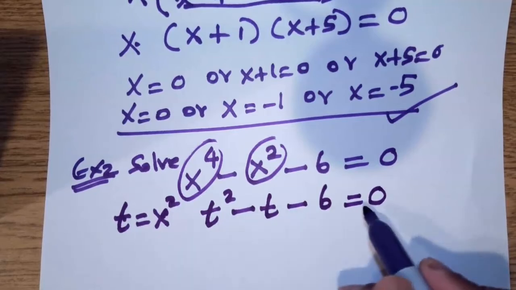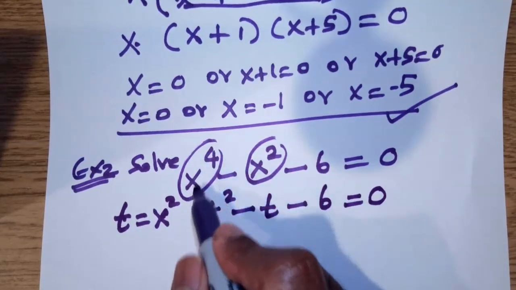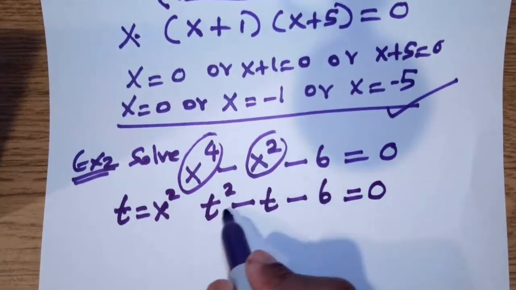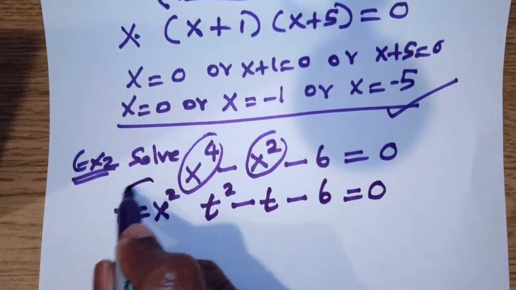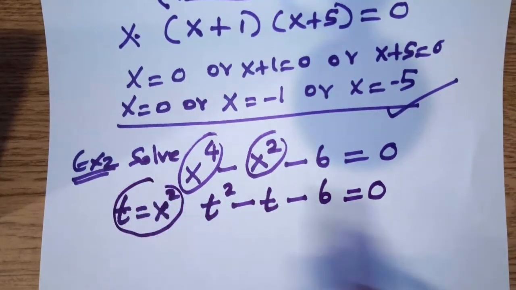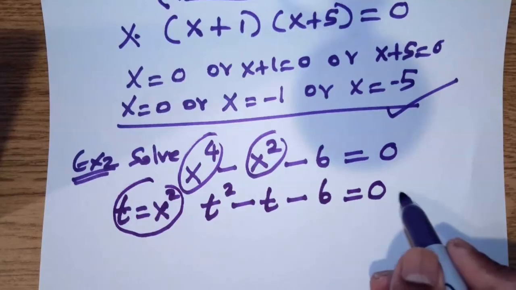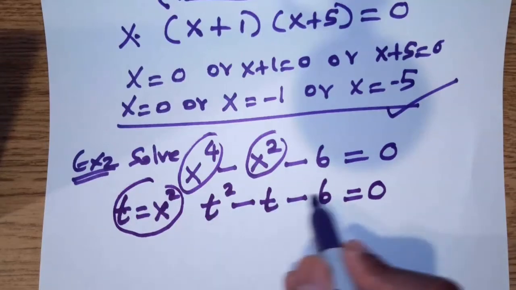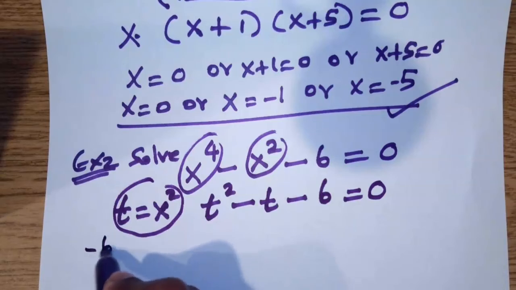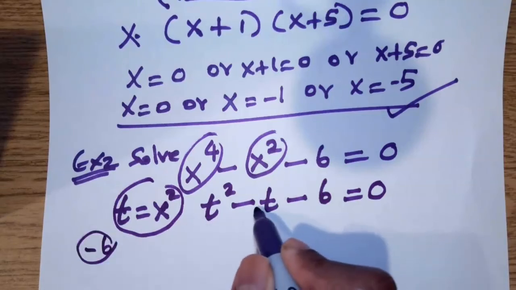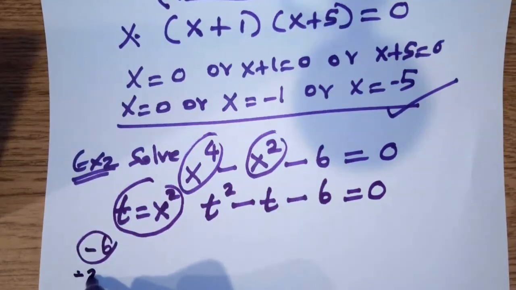Now that is a quadratic. What happened was we converted this fourth degree equation into an easy quadratic by renaming x squared as a single variable t, a substitution as we call it in mathematics. Now this can be easily factored. Why? Because the product is -6 and the two factors that add up to -1 are -3 and 2.